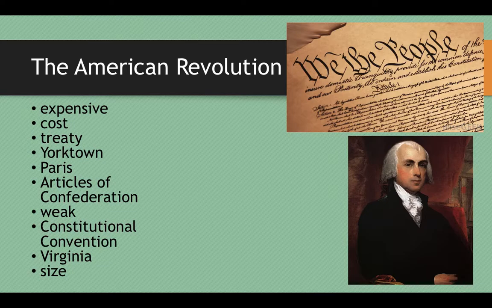And Virginia was one of the largest states in population, so naturally they said bigger states should have more representatives. But then the small state of New Jersey said, no, no, no, it shouldn't be based on size. We should all get the same number of representatives in Congress. And of course, they wanted that because they were small, so they wanted to be seen as equal to the bigger states, regardless of population.